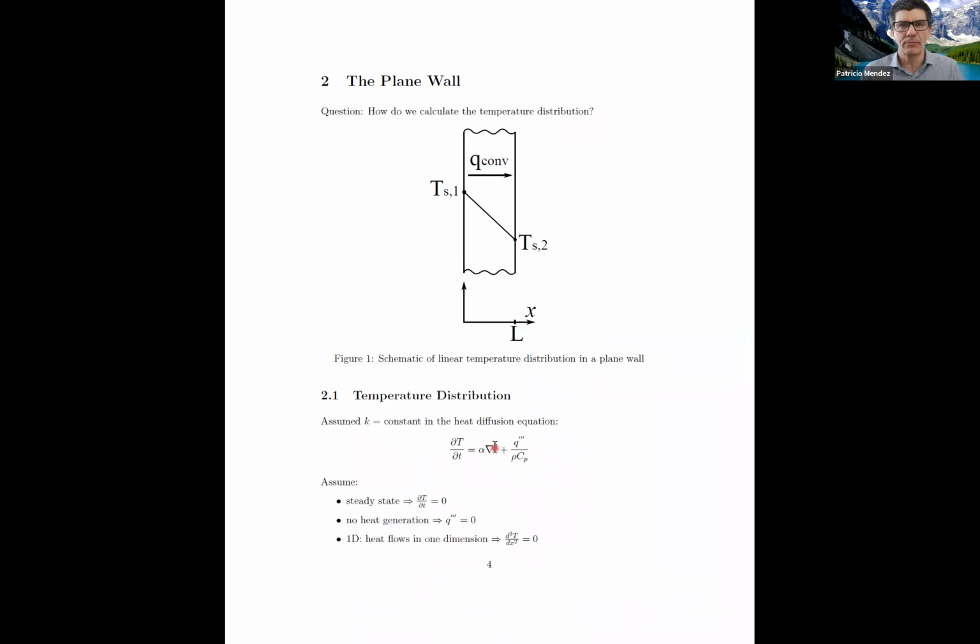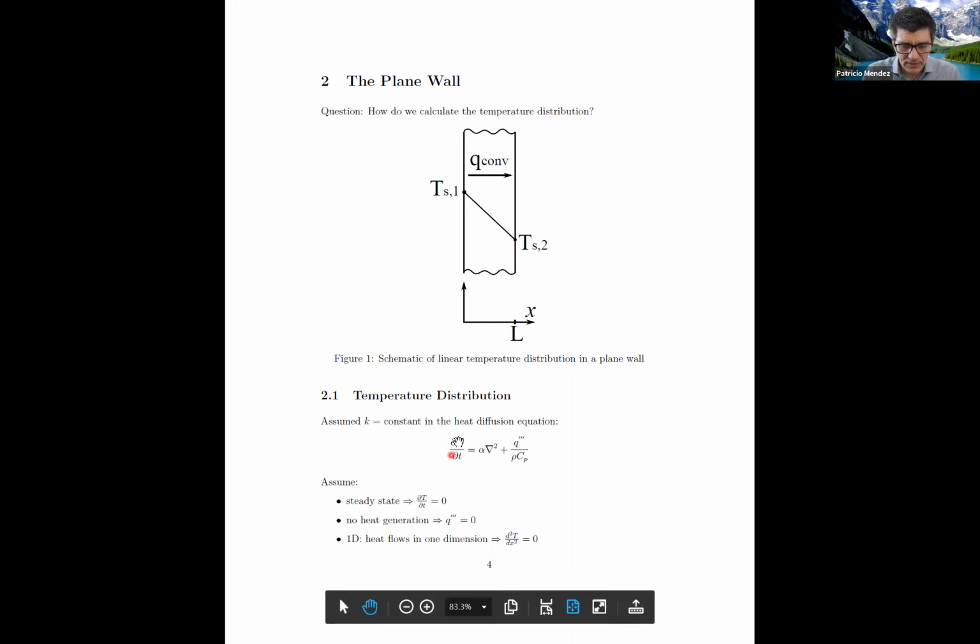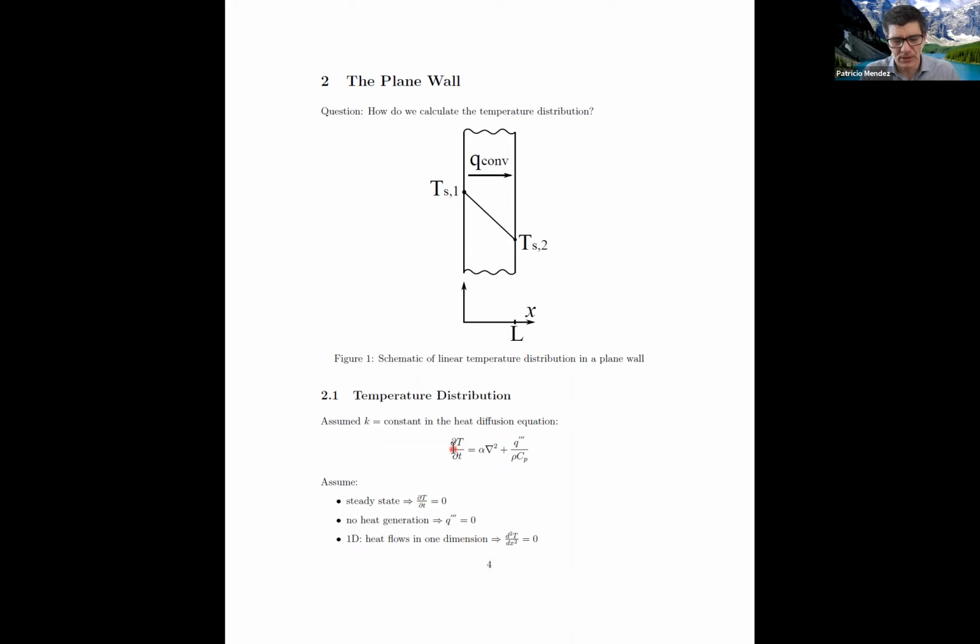That means we're assuming constant thermal properties. Is it exact? No. Is it nearly exact? Yes, very, very often. So if this goes away, now the heat would depend only on X, Y, and Z, but not on time. If I have no heat generation, all I have is the Laplacian of T equals 0.